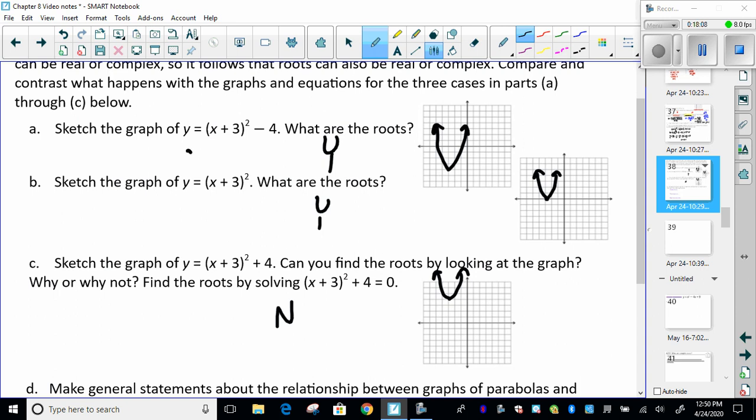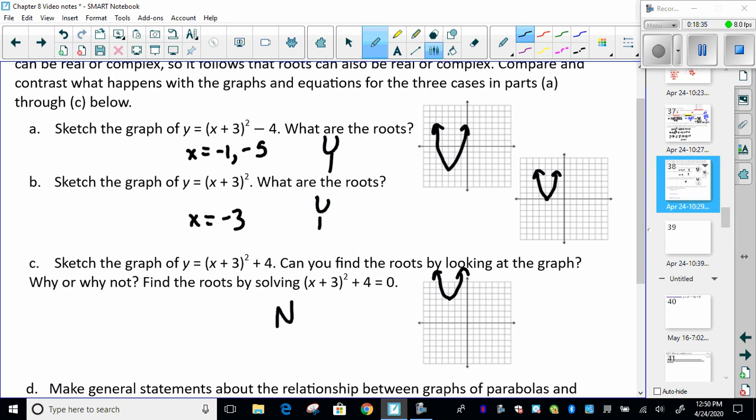The 2 roots here are at x equals negative 1 and at x equals negative 5, if I drew it well. Here, we have a double root at x equals negative 3. So notice there are 2 roots here, there is a double root here, and then what about here?